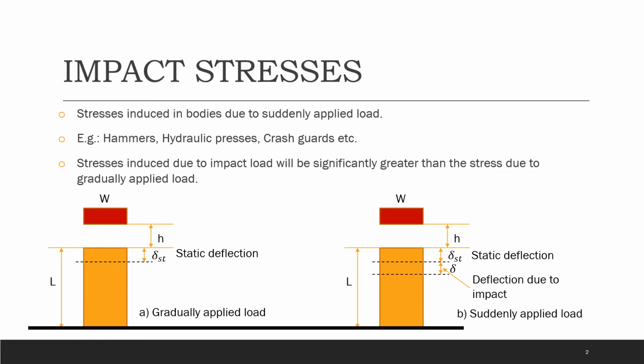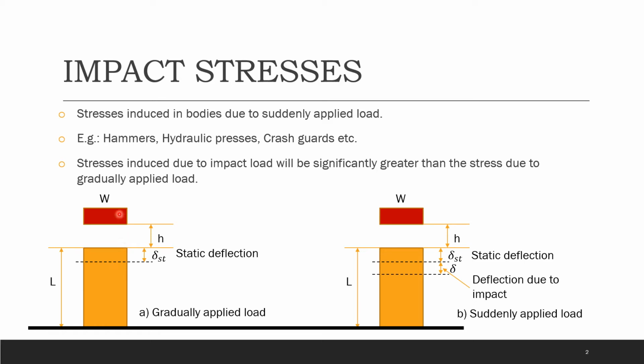or in this slide itself let me just explain the figures. What is seen here is a case where a load W is acting on a bar of length L. And in figure A, the load is very gradually applied. That is, this load W is very gradually placed on the sectional area of the bar.